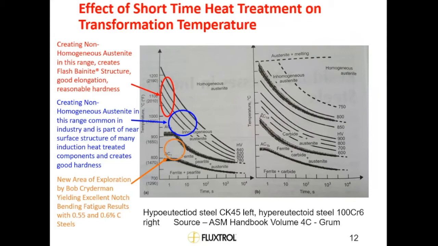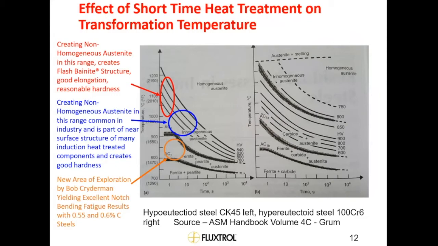Another thing we can look at here is the flash bainite structure, which has been shown to have good elongation and reasonable hardness in low carbon steels. They're going way above the AC3 in this inhomogeneous austenite range over very short times and finding good properties.